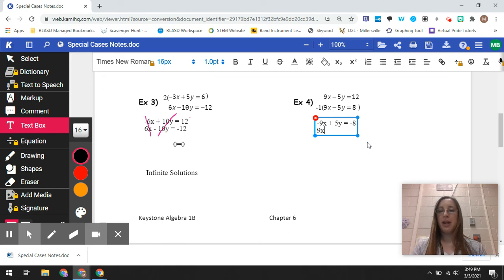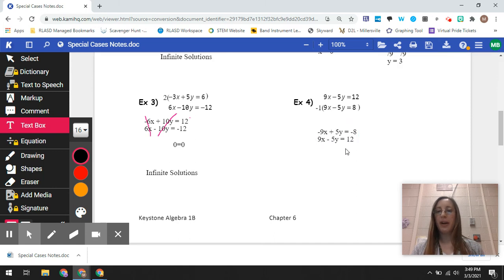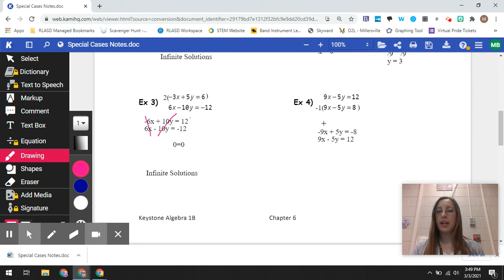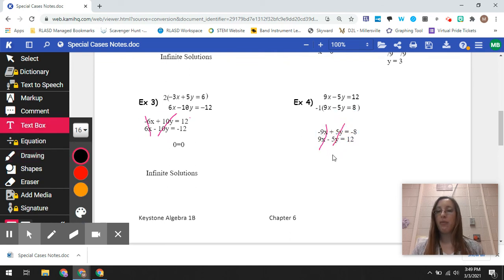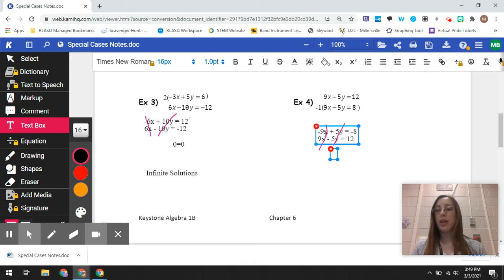I'm going to break down my other equations. That way I'm able to look at both of them at the same time. So this is what we're comparing. As you can see, we have our x's that are going to cancel out. And I even have my y's here that are opposites. When I add them together, they're also going to cancel out. So again, remember, if we have both of the variables cancel out, it's going to become 0.